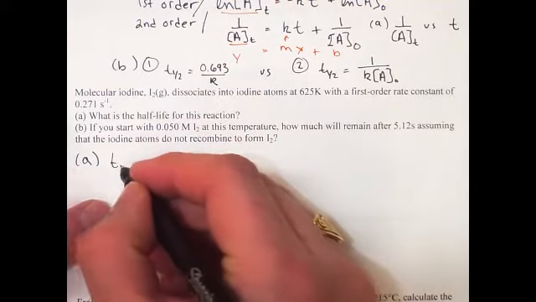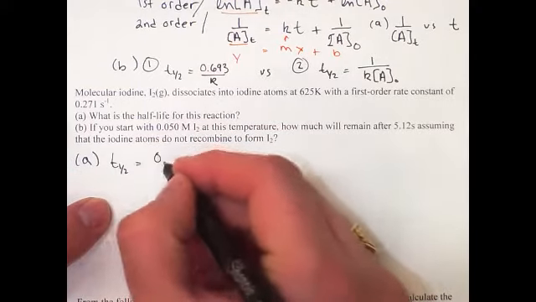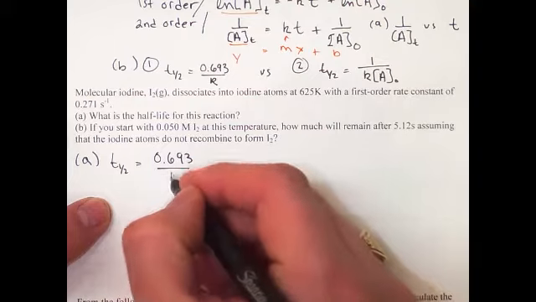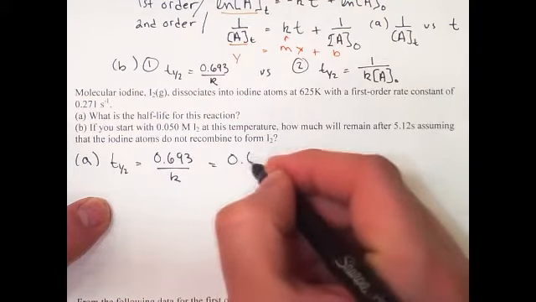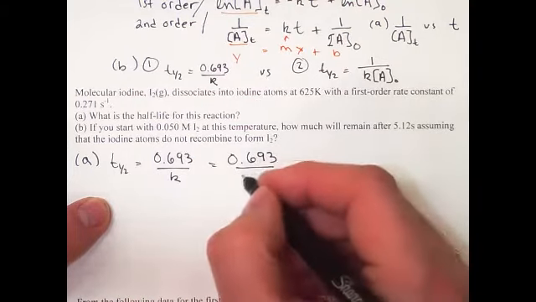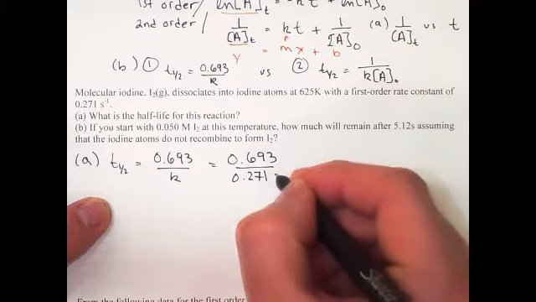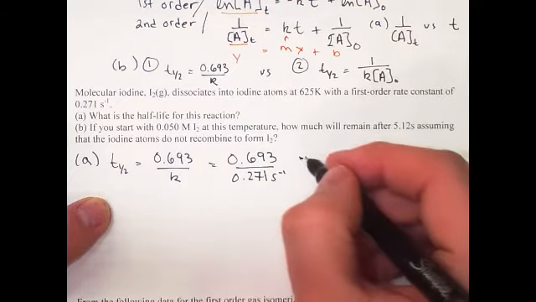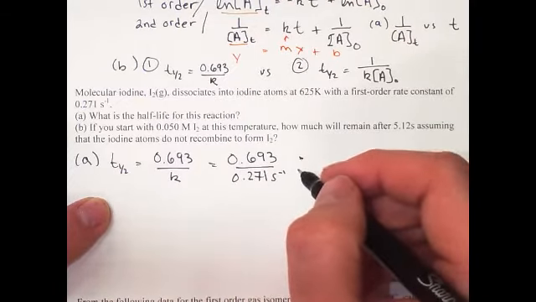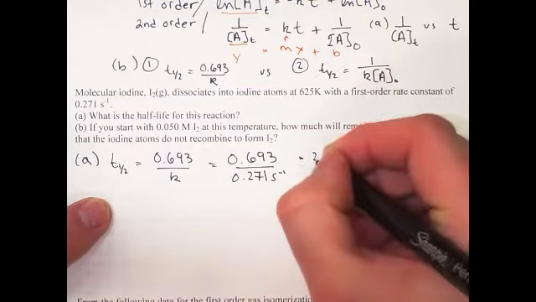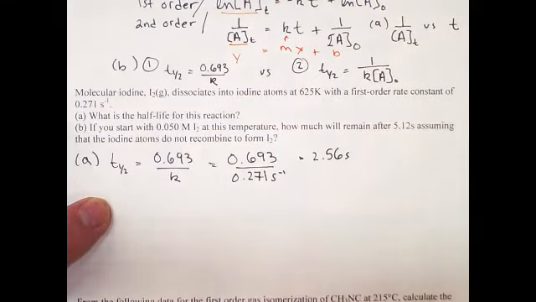So t1/2 is equal to 0.693 over K equals 0.693 over 0.271 seconds to the negative 1, which is 2.56 seconds.